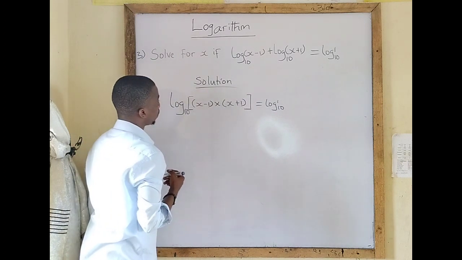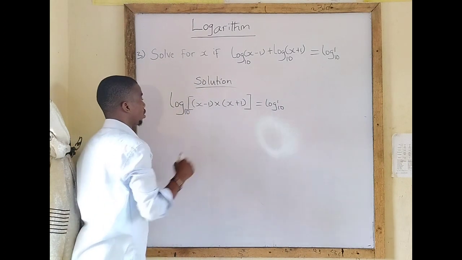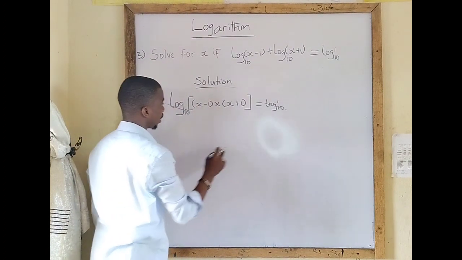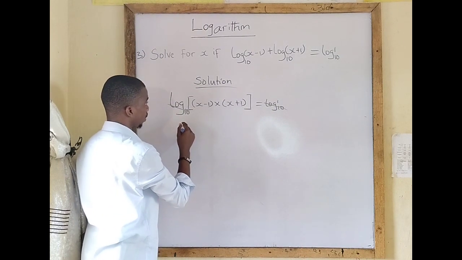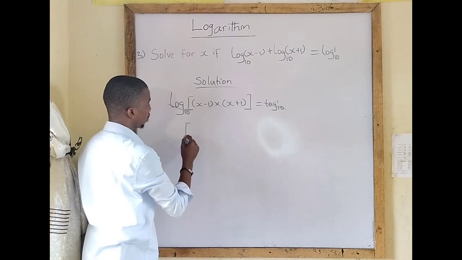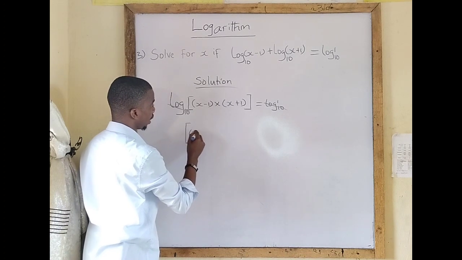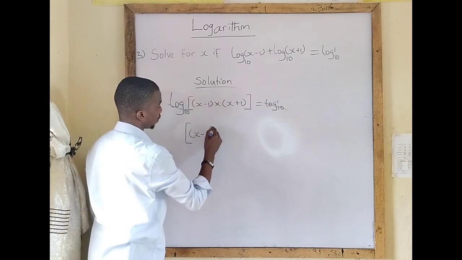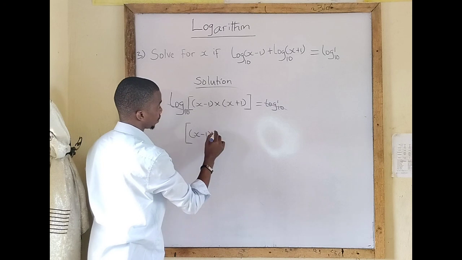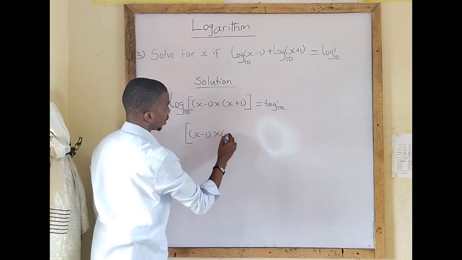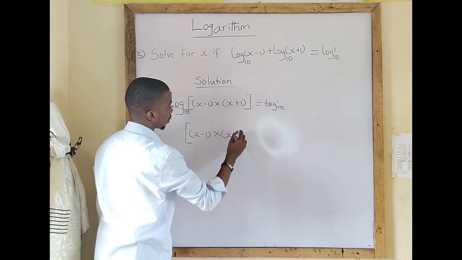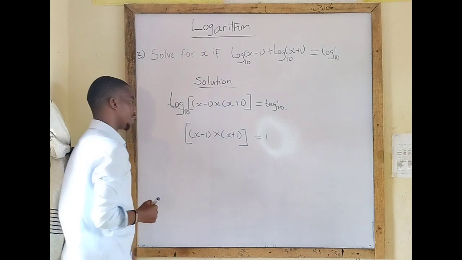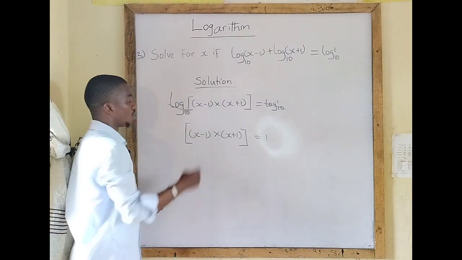From here we have log 10 on both sides of the equation, so log 10 will cancel log 10. So that we have (x - 1) times (x + 1) equal to 1.